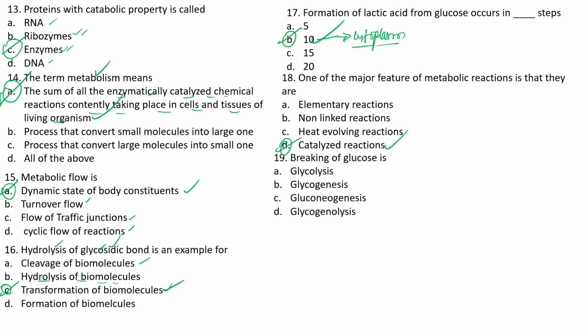Now moving on, breaking of a glucose is a glycolysis, a glycogenesis, a gluconeogenesis, or a glycogenolysis. Okay, so the answer we all know, it is the glycolysis. Now remember, we have other three terms that we have to recall. The glycogenesis is mainly conversion of glucose to glycogen. Remember.